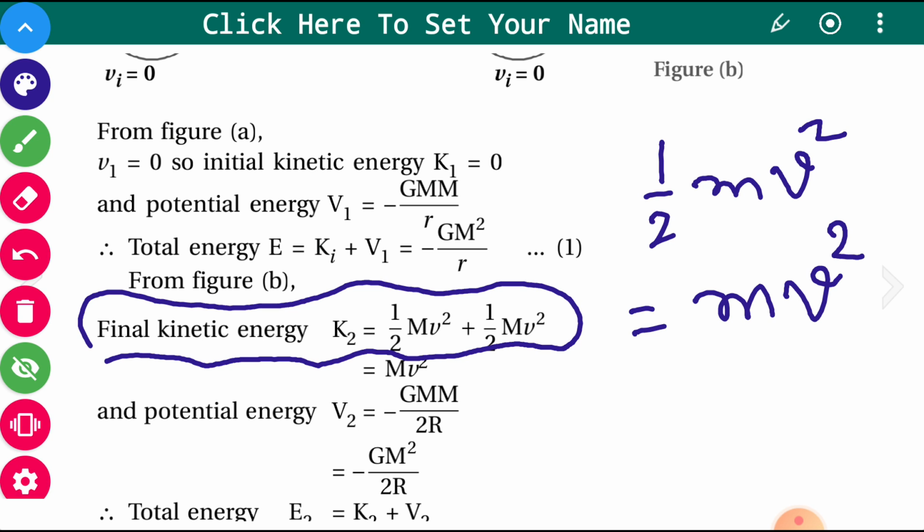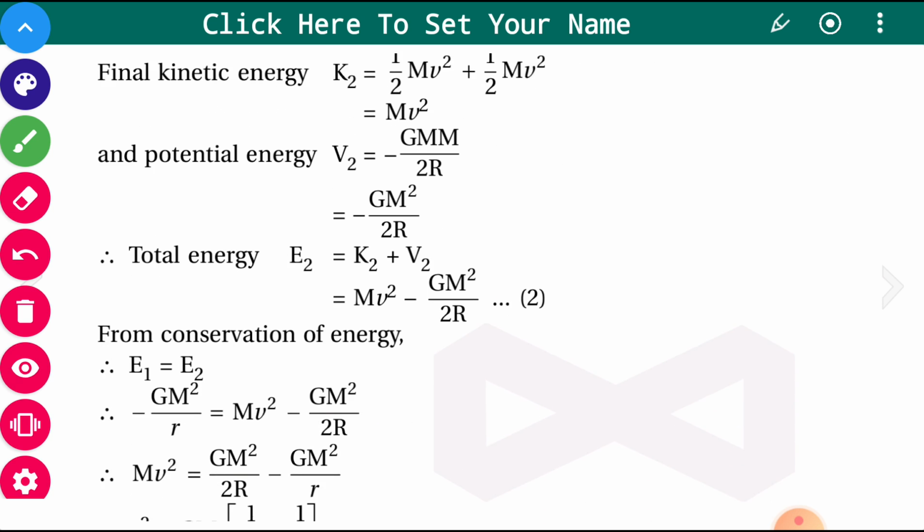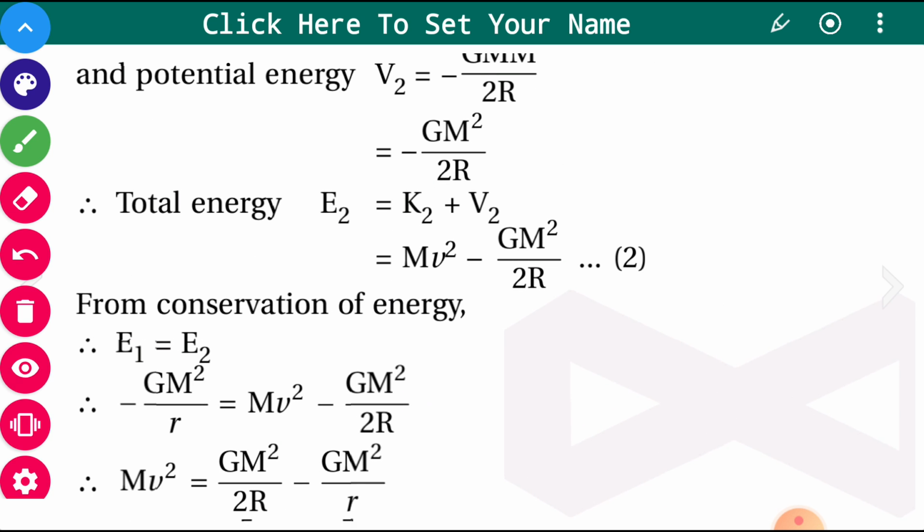Potential energy will be minus G m m upon the distance between their centers, that is 2r, which I have explained. So it can be written as minus G m square upon 2r. Finally, the total energy at the time of collision will be kinetic energy plus potential energy, that is m v square minus G m square upon 2r.